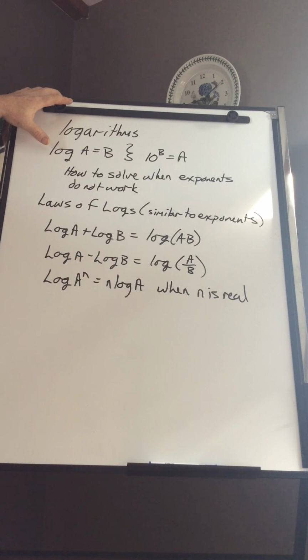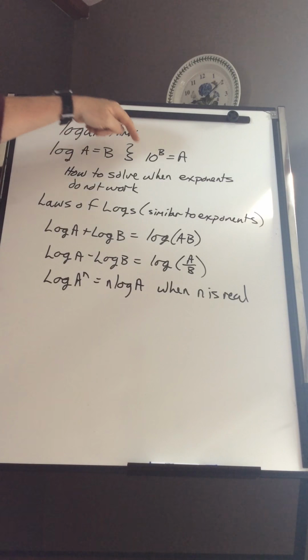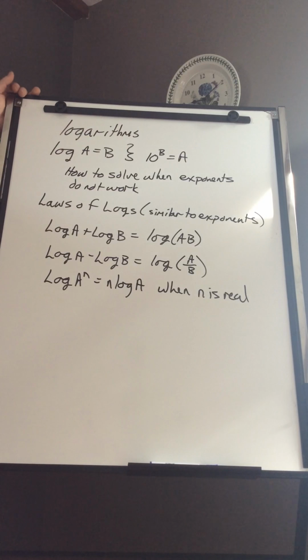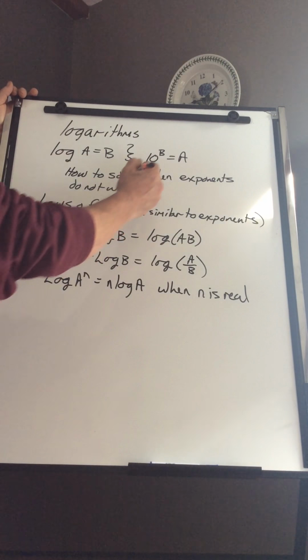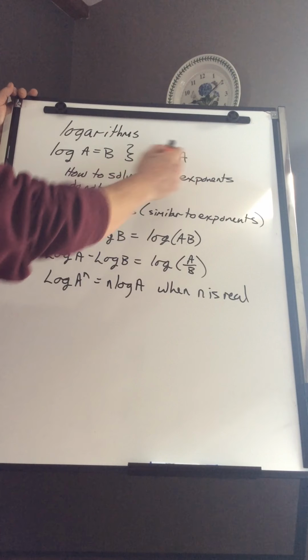What happens is this: b is the power, a positive power, for 10. So when we have a value a, I know this is really hard to explain. So look at this. We have 10 to the power b equals a.